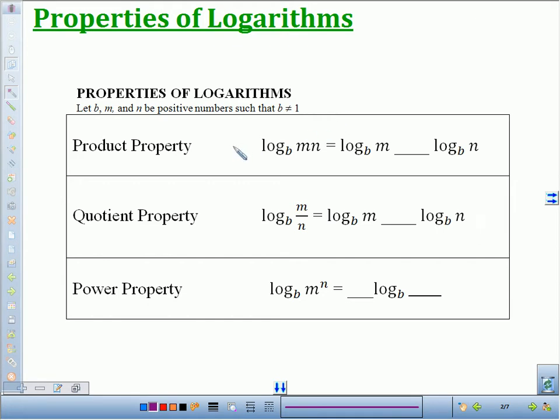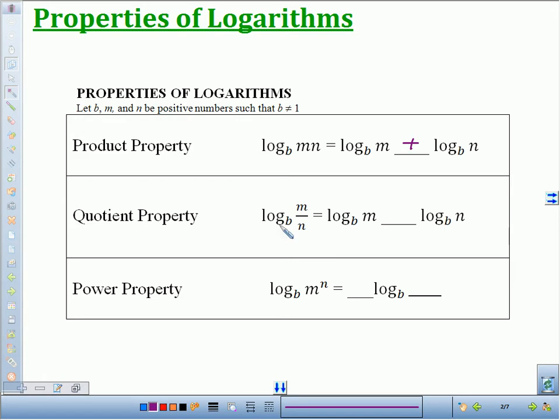For instance, the product property says that if I have log base b of m times n, that is two things being multiplied together, I could rewrite that as log base b of m plus log base b of n. This is almost identical to the exponent multiplication property, where we add the exponents together.